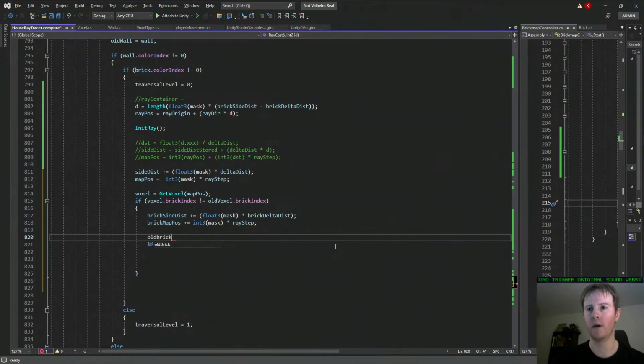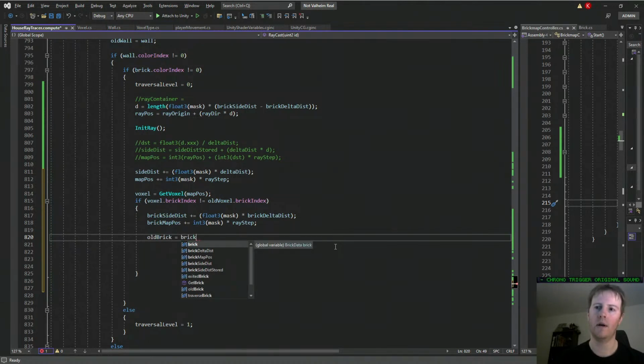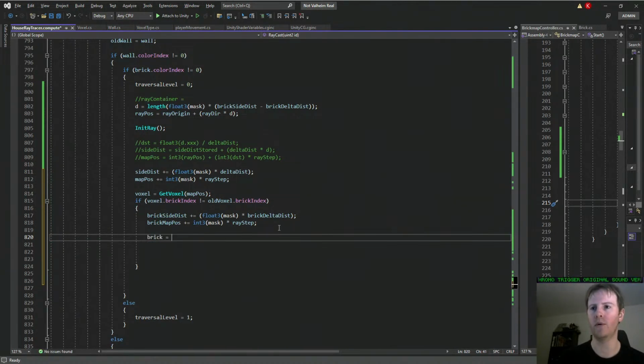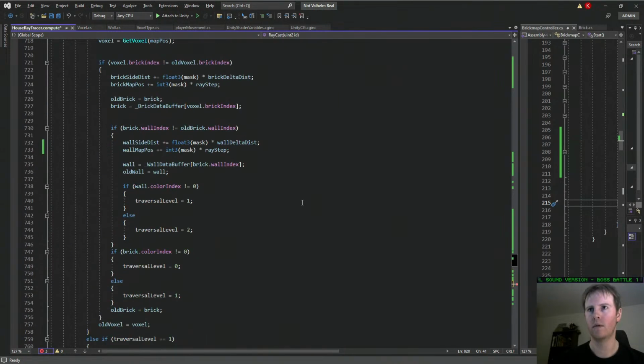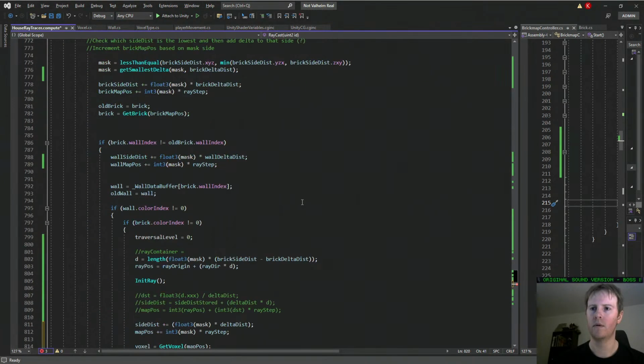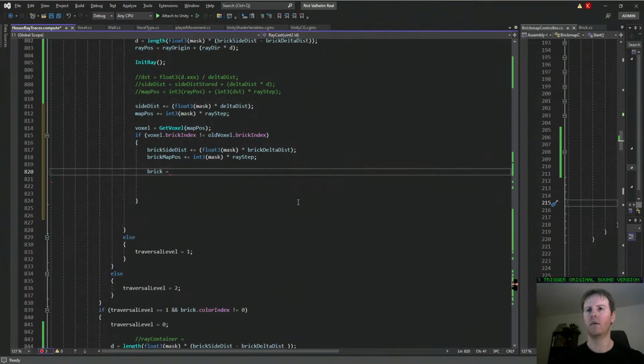All we need to do is brick equals get brick, brick map. How do you do it? Brick equals brick data buffer voxel dot brick index. That's what we do.